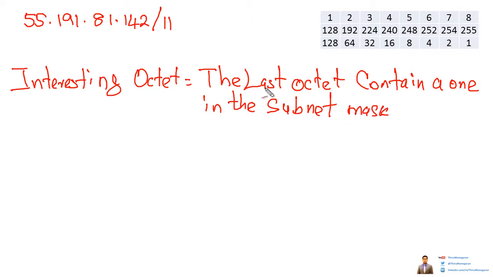So in this case we have /11, so 8 plus 3 plus 0 plus 0. Which one is the last octet containing a 1? This one is a complete 8-bit mask, 255.